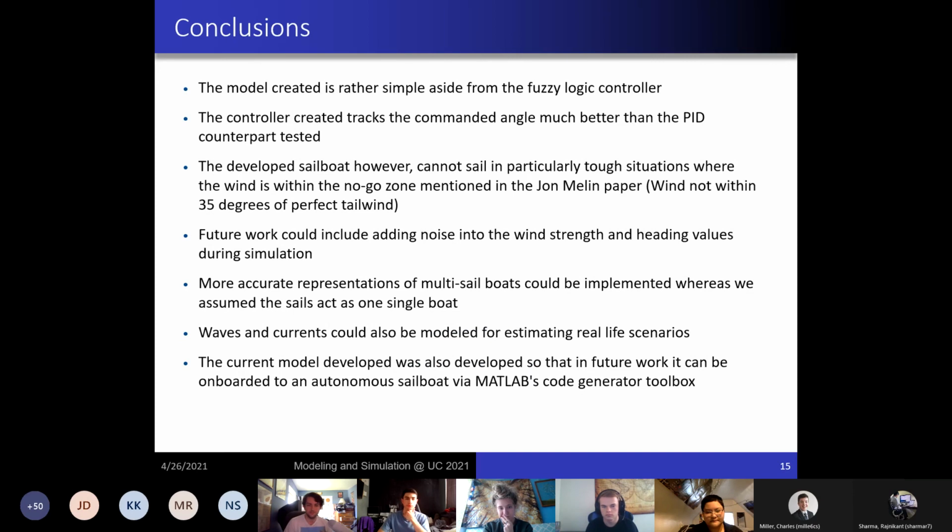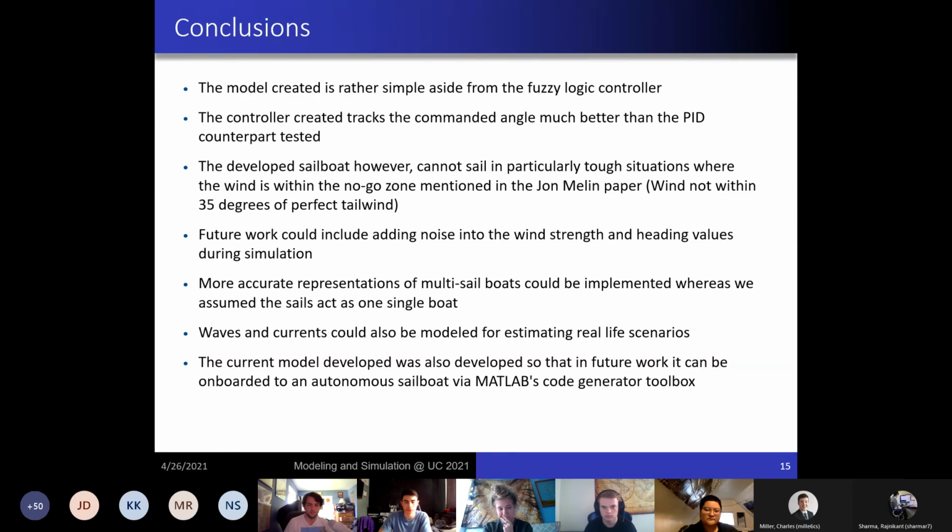Finally, for our conclusions, we're very happy with the performance of the fuzzy logic controller. We felt that it worked very well compared to the PID controller. However, there are some situations where it still has difficulty, as it is a sailboat. It depends on the wind a lot. So for the future, we are perhaps considering adding some sort of algorithms so that the boat can strafe and work with those non-ideal winds.